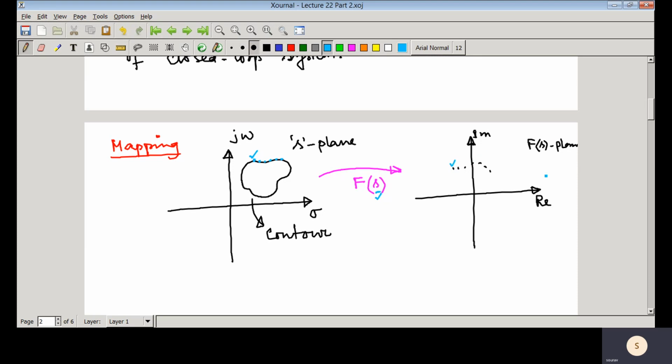Collecting those values, from complex analysis we know that in the F(s) plane we will also have a contour like that.